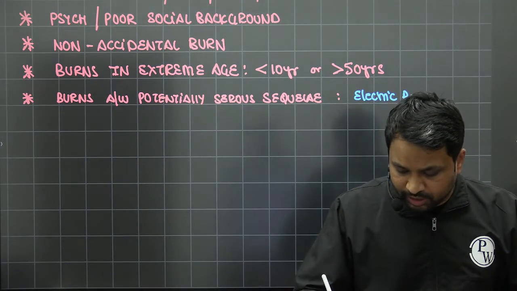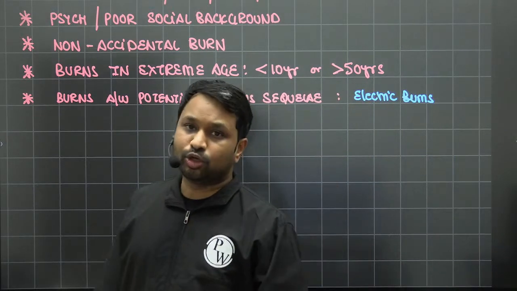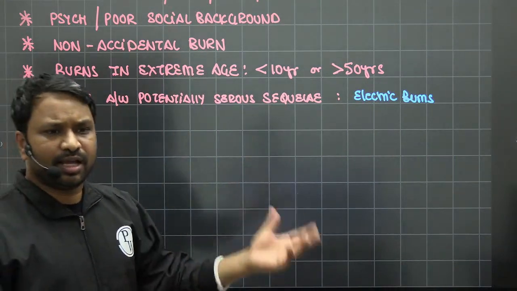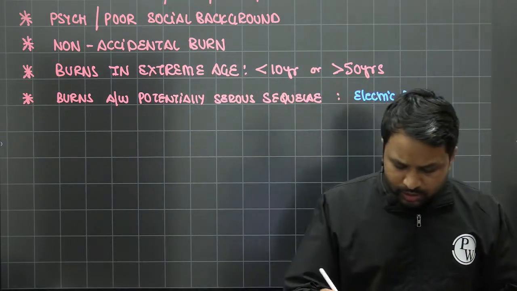In electrical burns, the patient can have myoglobinuria that can result in acute tubular necrosis, renal failure, and obviously, post-electrical shock MIs can happen. So in those patients, I would not like to send the patient home.